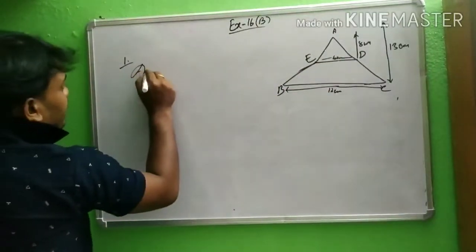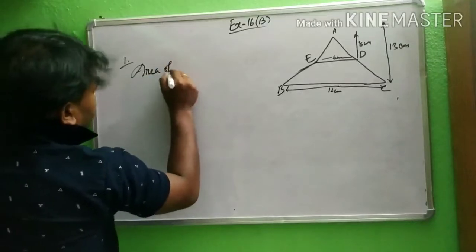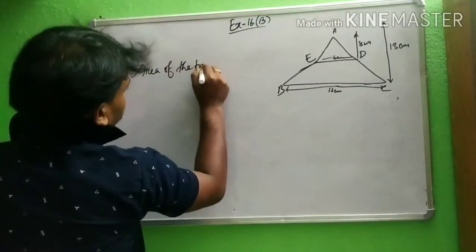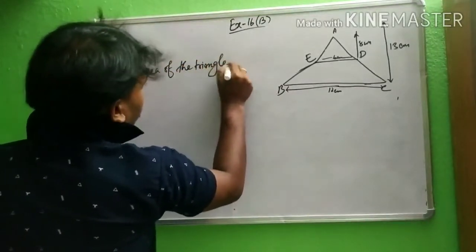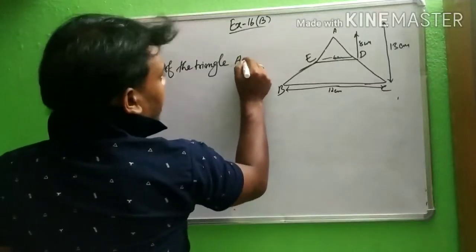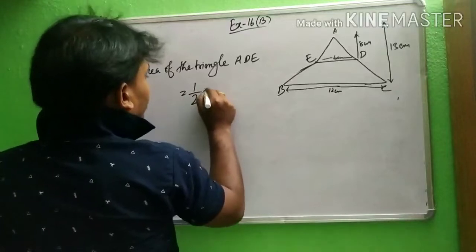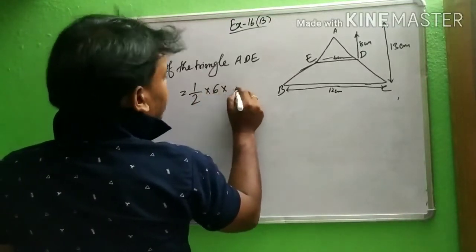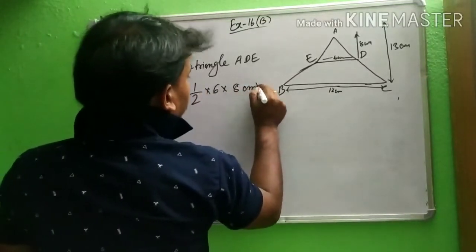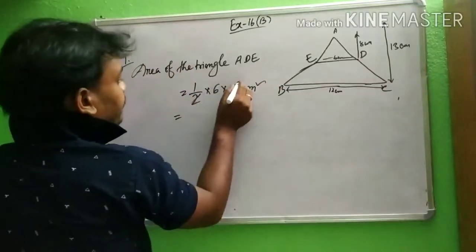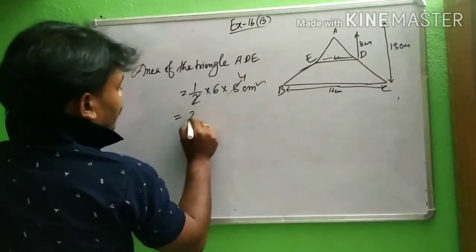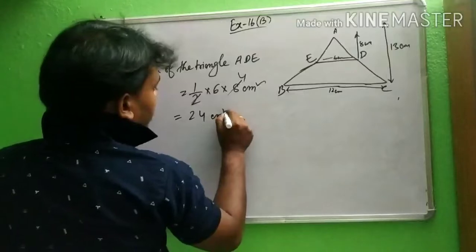So area of the triangle ABE equals half into base, that means 6, into height, that means 8, centimeter square. So it becomes 24 centimeter square.